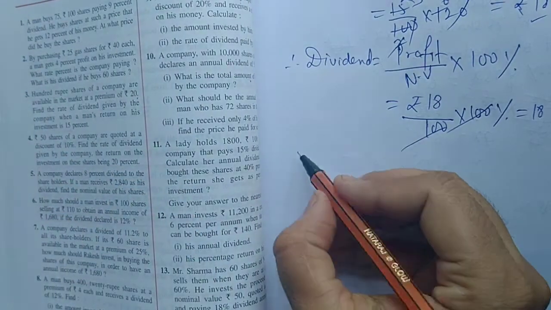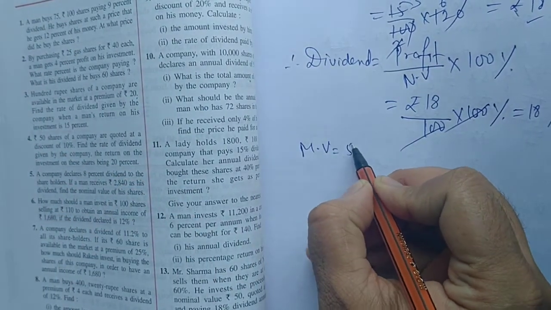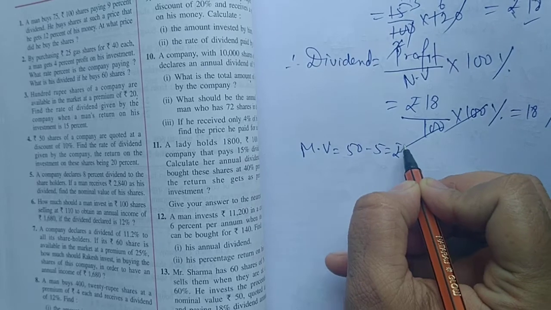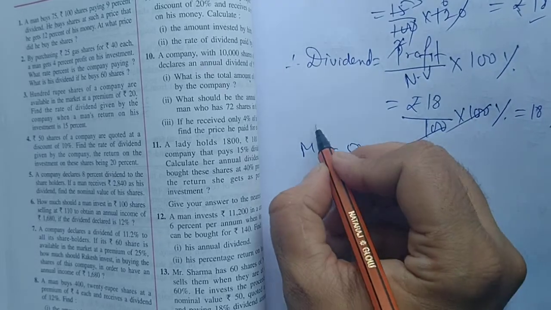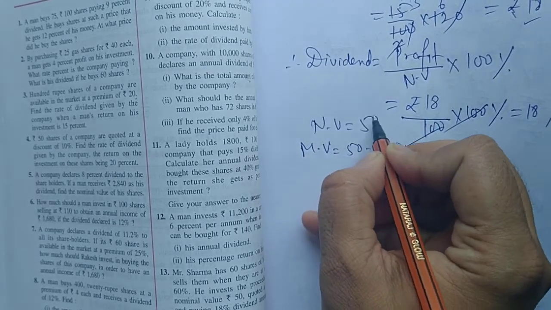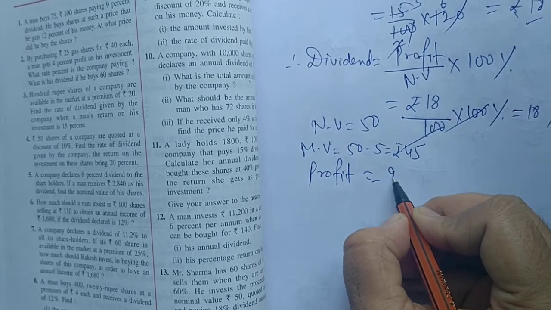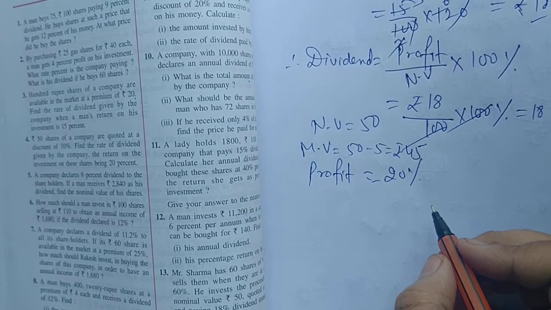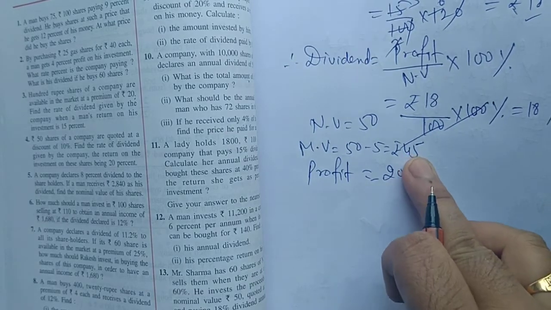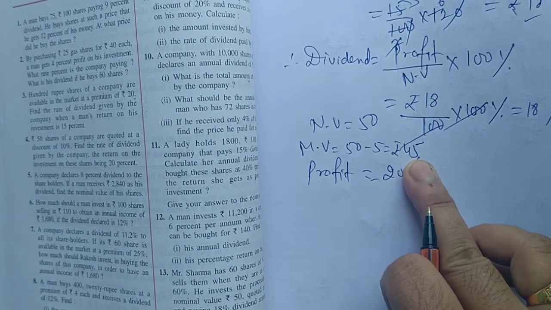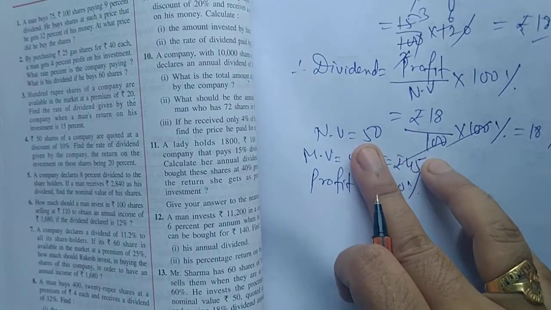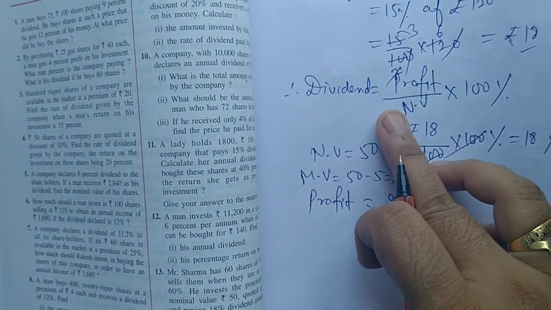Then market value will be 50 minus 5 is equal to 45 rupees. Nominal value was 50. So profit is equal to 20%. So you can find 20% of 45. Then dividend, apply this formula, you will get the dividend value.